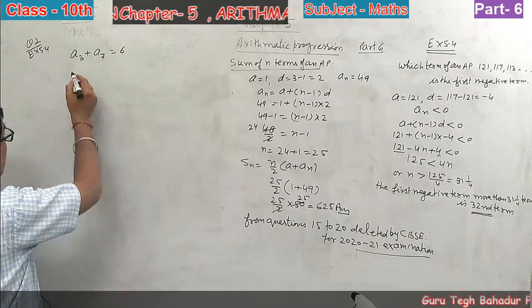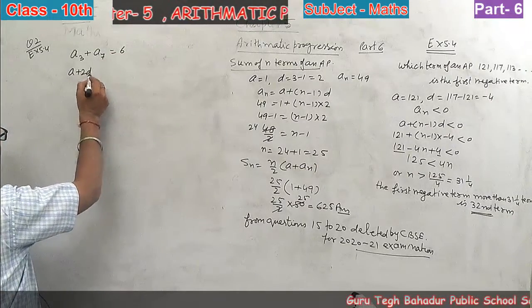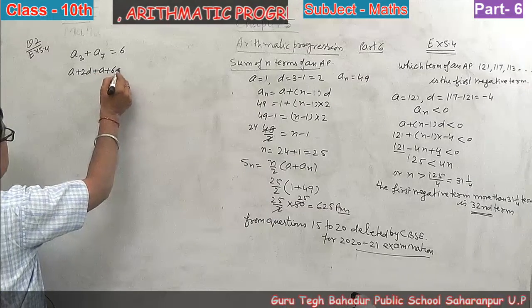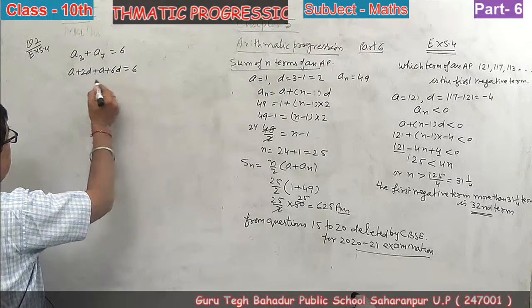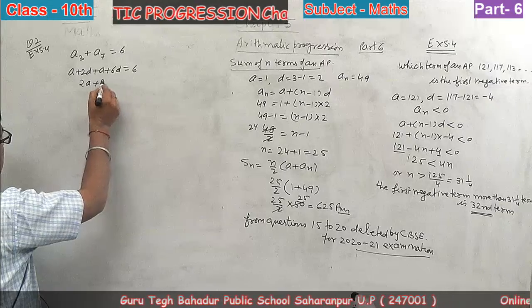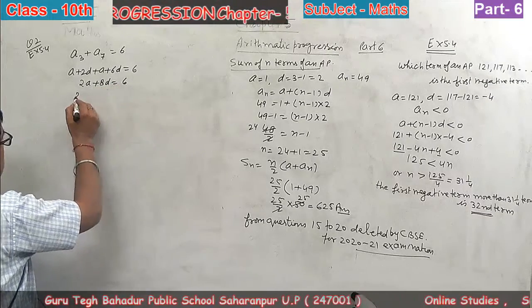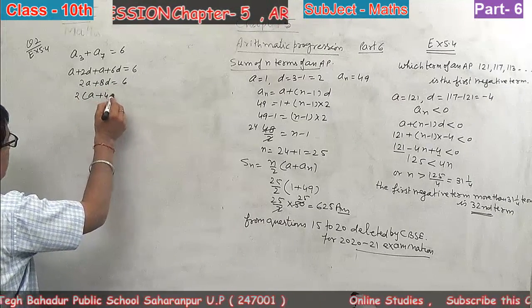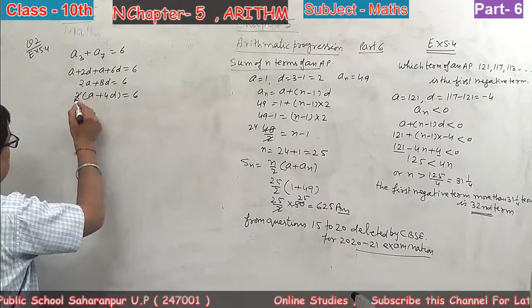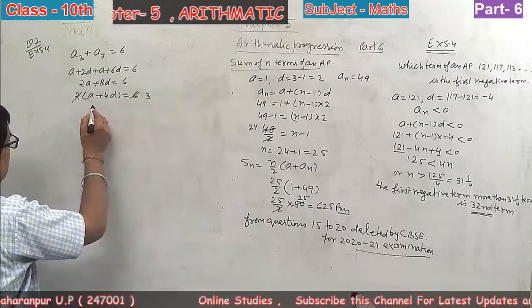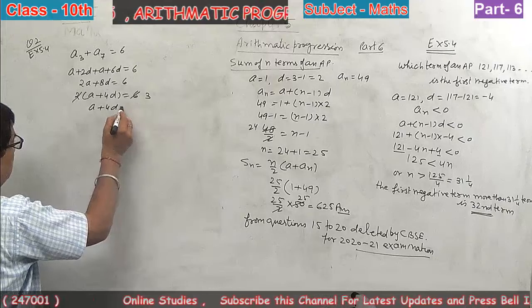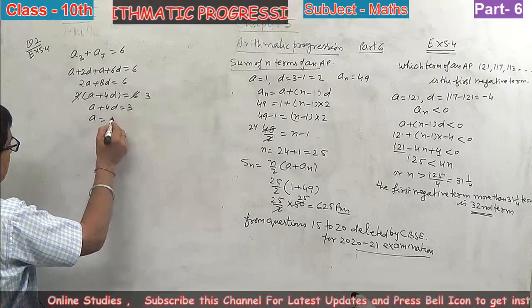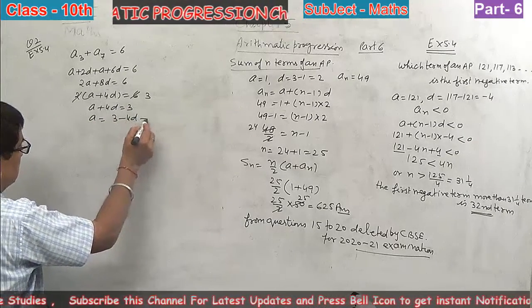A plus 2D plus A plus 6D is equal to 6. 2A plus 8D is equal to 6. 2 common, A plus 4D is equal to 3. So A is equal to 3 minus 4D.